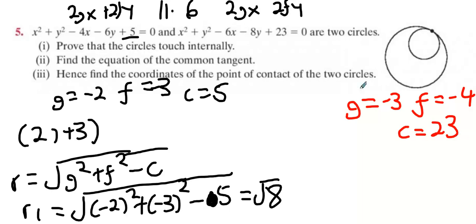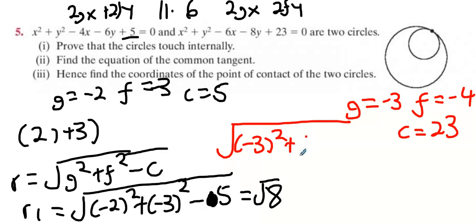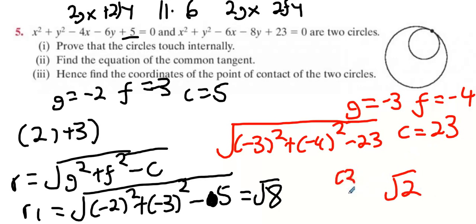Now, right, lads, same formula again, isn't it? g squared is minus 3 squared, f squared is minus 4 squared. That's 25. 25 take away 23 is root 2. And the center of the circle is 3, 4, is it? Okay.